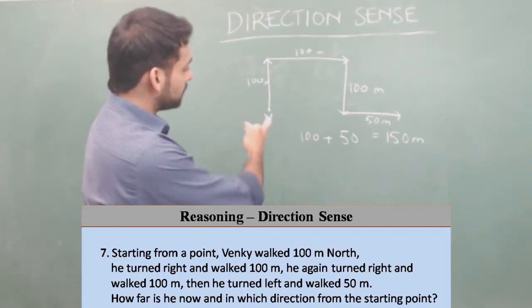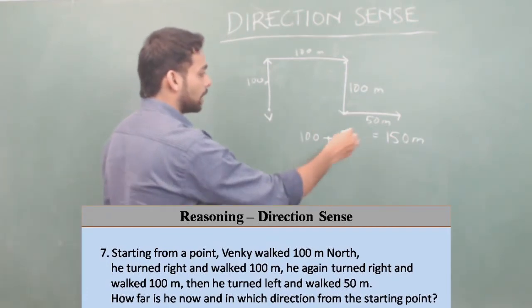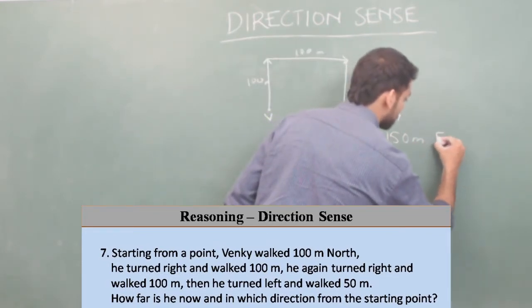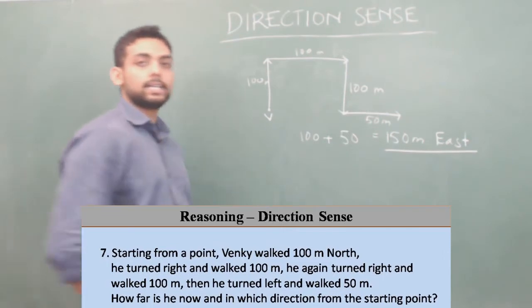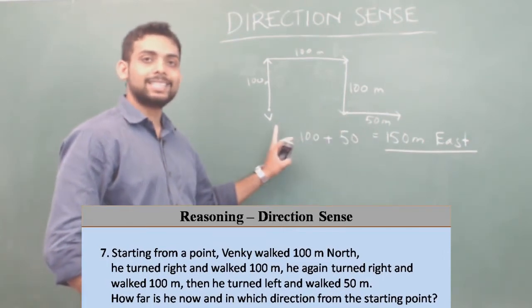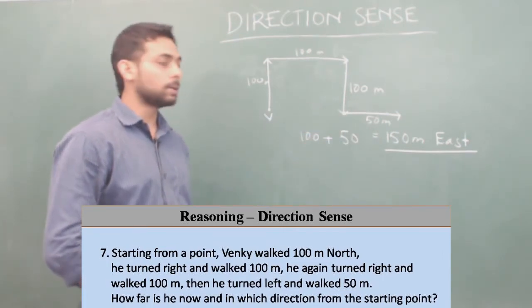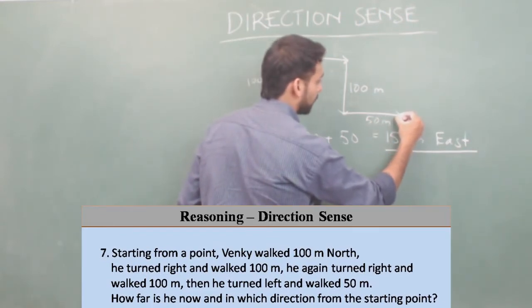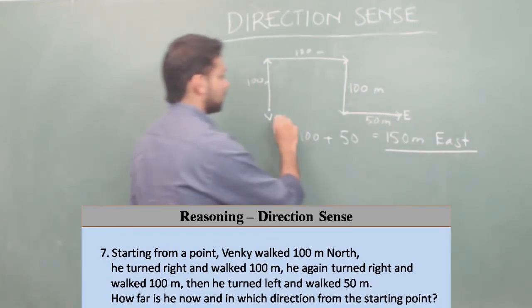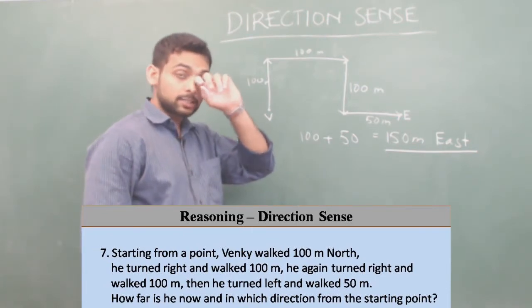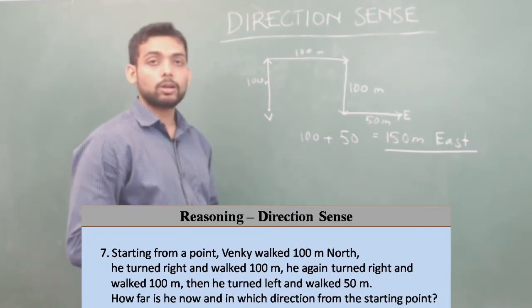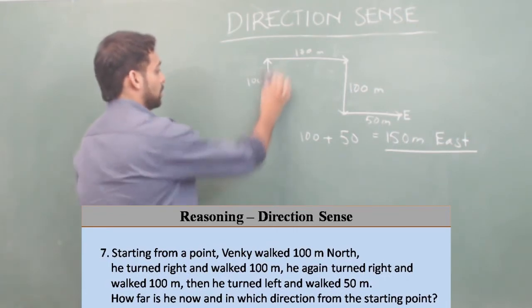If I look at my compass, he is towards the east. 150 meters east. So Venki is 150 meters east of his starting point. This is my end point. The difference is 150 meters and the direction is east. So in this manner you will solve these kind of sums.